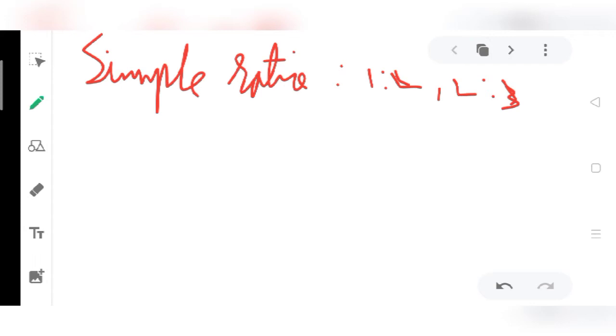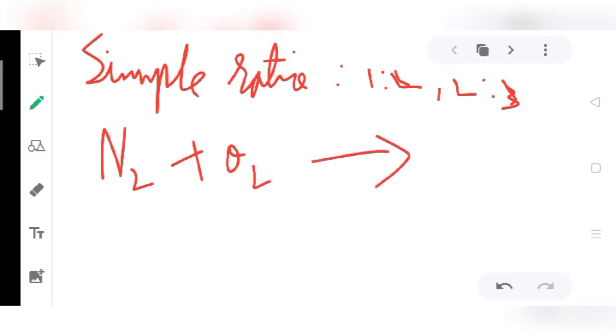Let's take examples to clear the concept of the law of multiple proportion, which is given by Dalton. The first example is nitrogen oxide, formed from two elements, nitrogen and oxygen.